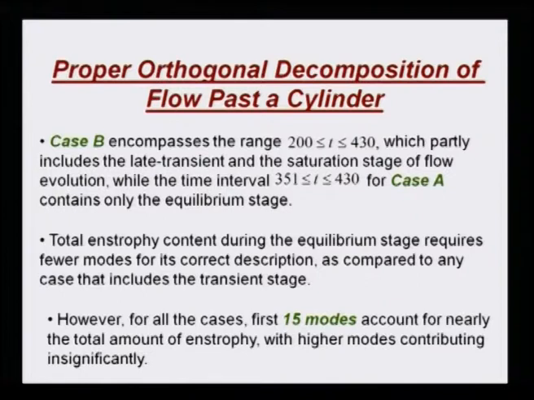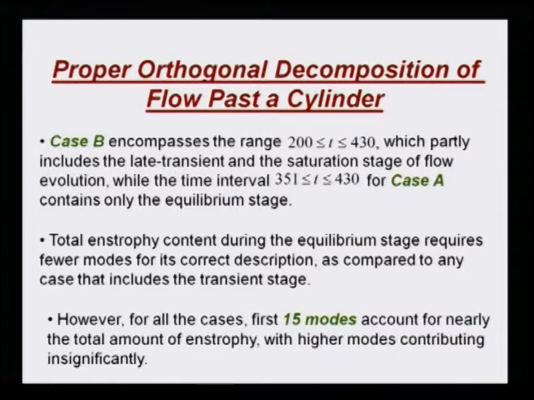Now, we have already stated some of these things, for example, that case B encompasses the range from 200 to 430, which partly includes the late transient as well as the saturation stage of the flow evolution, while the time interval 350 to 430, that is case A, contains only the equilibrium stage.